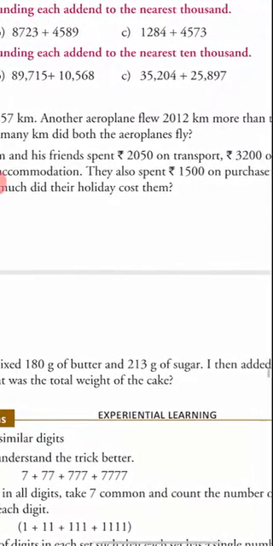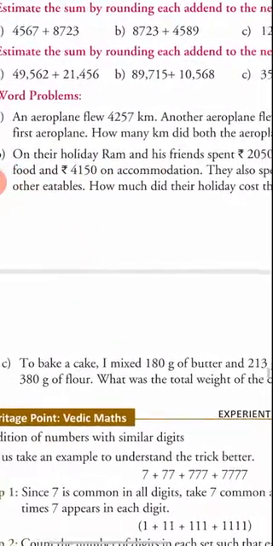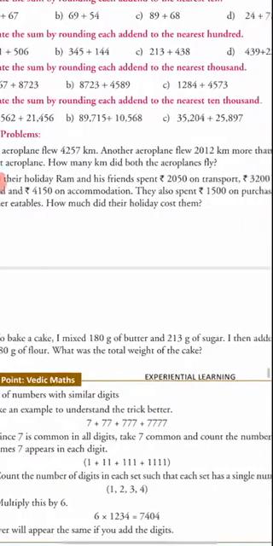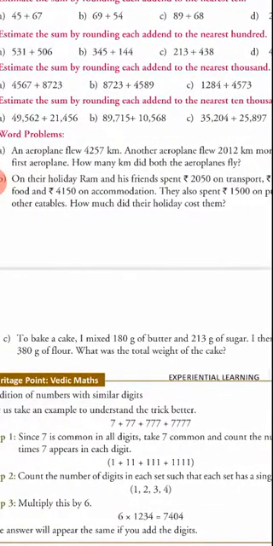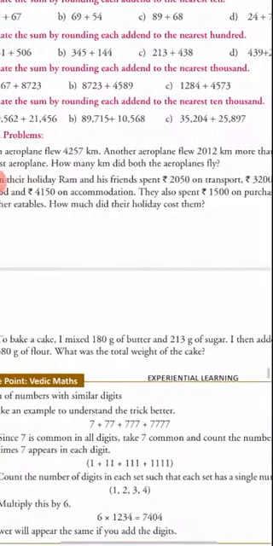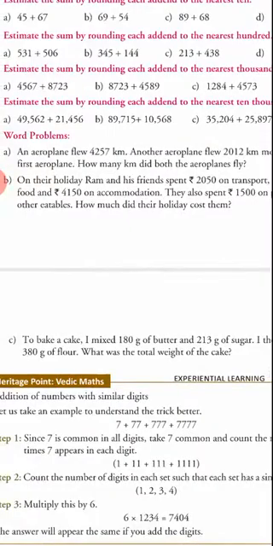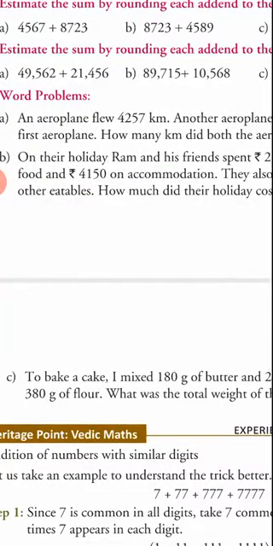They also spent rupees 1500 on purchase of other eatables. How much did their holiday cost them? Now, when they have spent so much on transport, food, and accommodation, and they also spent 1500 on other eatables, how much did their holiday cost them? You just need to calculate the total cost.